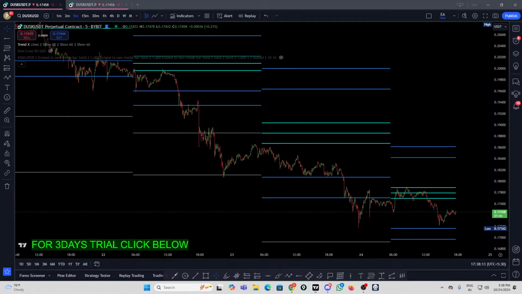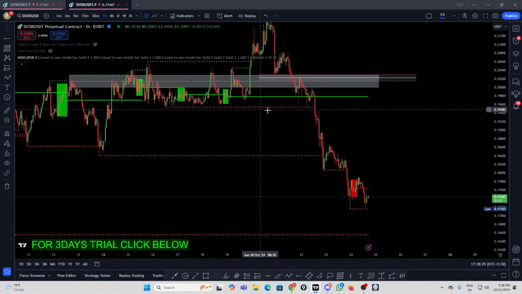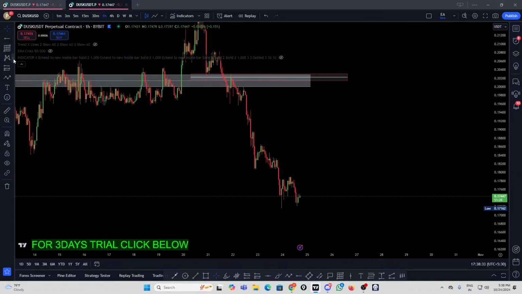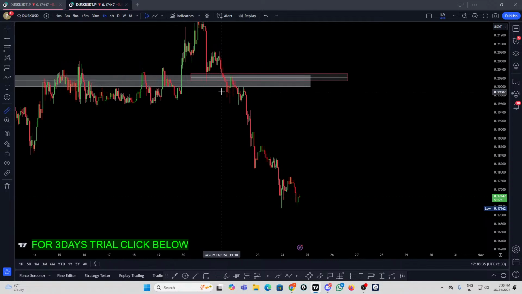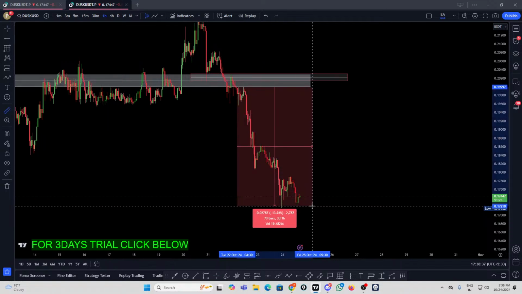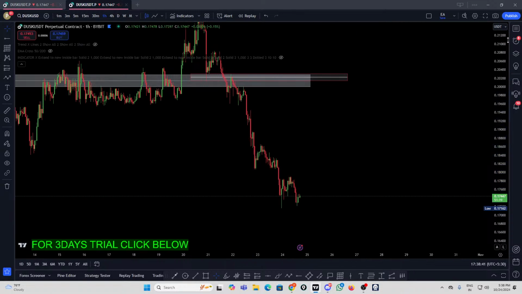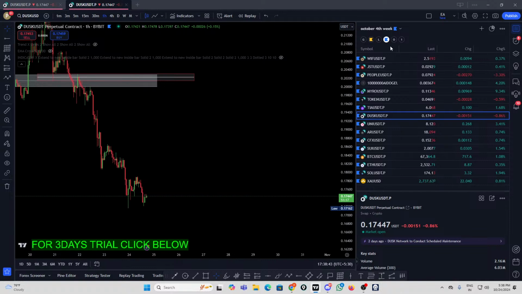From here it tapped down, here it didn't tap, but the continuation down. Today it tapped the daily trend X down. So if you use this indicator, you will understand how to trade with the trend X. It's very easy. So here we got 14% from where I gave the trade. This trade was successful.